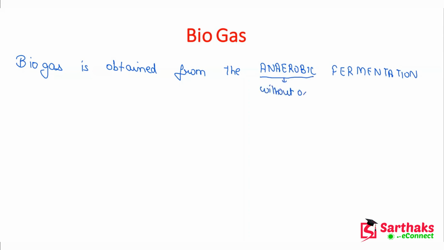So biogas is obtained from the without-oxygen fermentation of cattle dung and domestic sewage. Fermentation means breaking down the molecules.